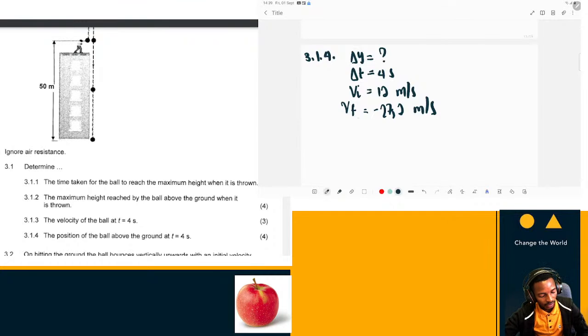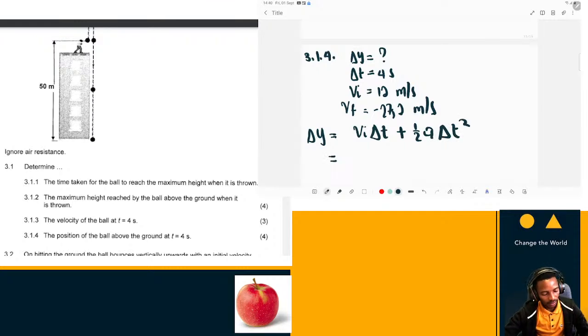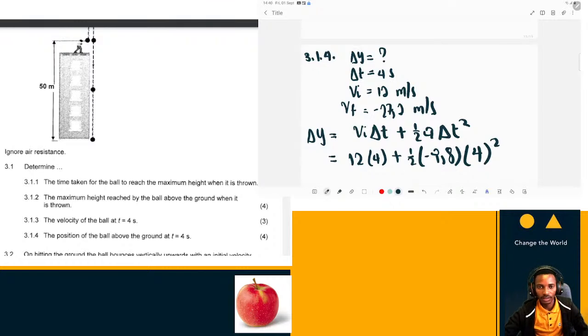So we need displacement. So we can apply any formula with displacement. Let's apply this one. Delta y is equal to V initial delta t plus half a delta t squared. So our V initial is 12, time is 4 seconds, plus half, our acceleration is minus 9.8, then our time is 4 squared.